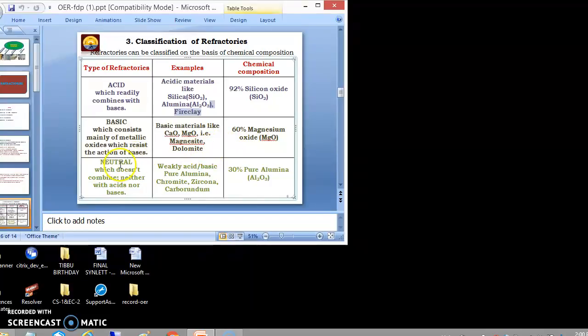Neutral refractories do not combine with either acids or bases. Best examples are weakly acidic or weakly basic: pure alumina, chromite, zirconia, carbon. The main composition is 30% aluminum oxide.